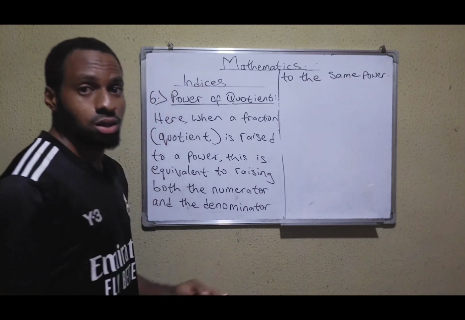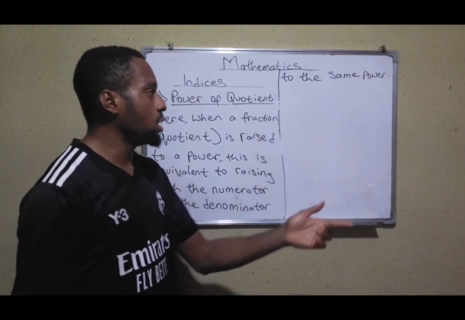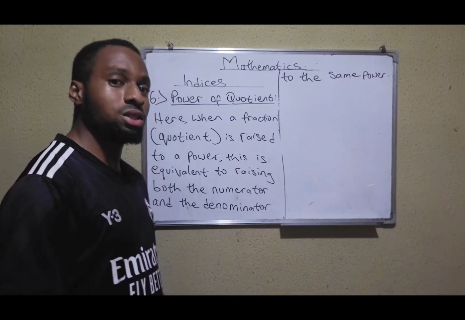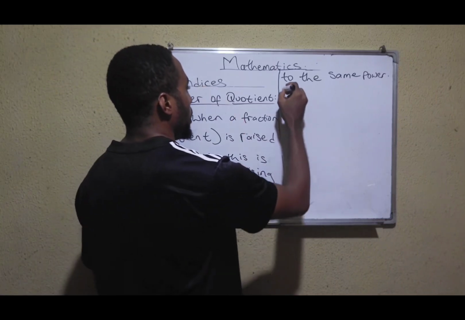Now, what does this imply? When a fraction has a power, how can you solve it? By raising both the numerator and denominator to that same power.